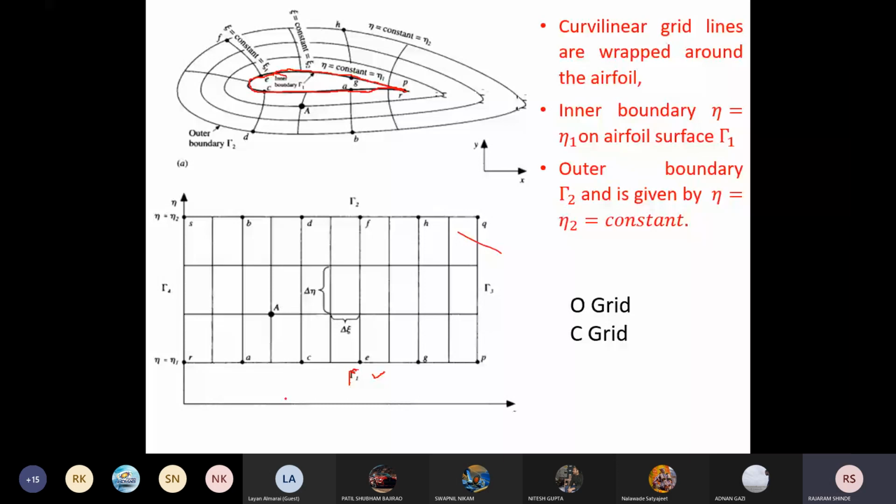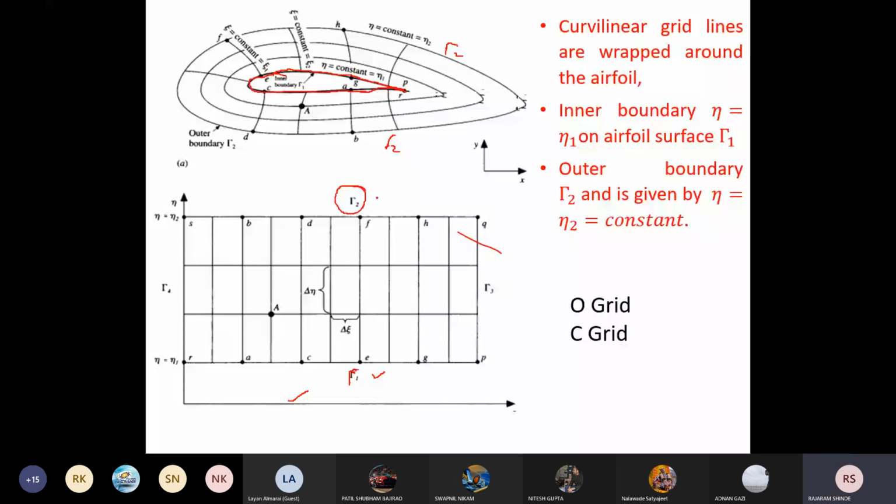It is arbitrary, depending upon how much of the flow domain you have considered. Now you have to see this grid clearly.